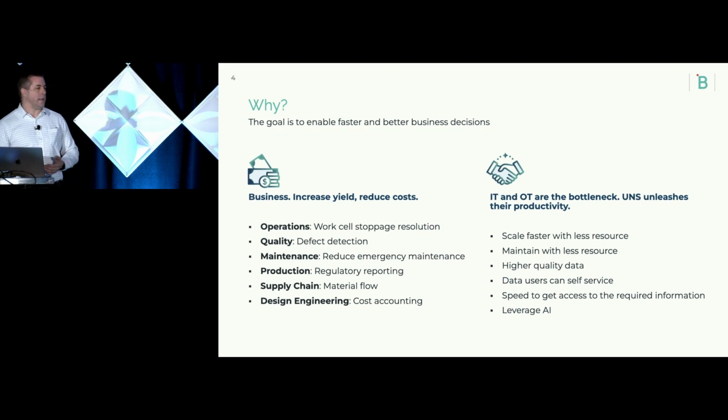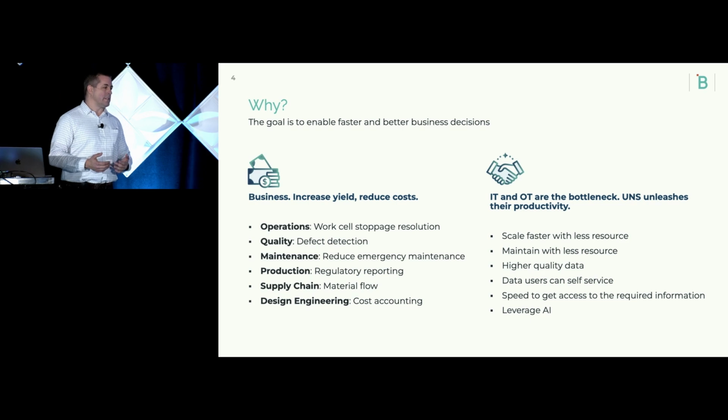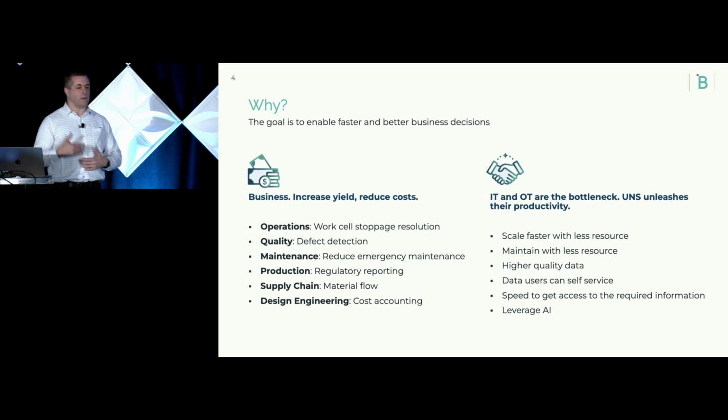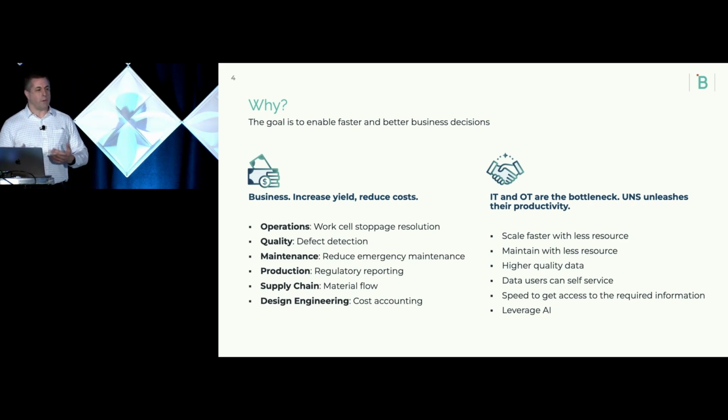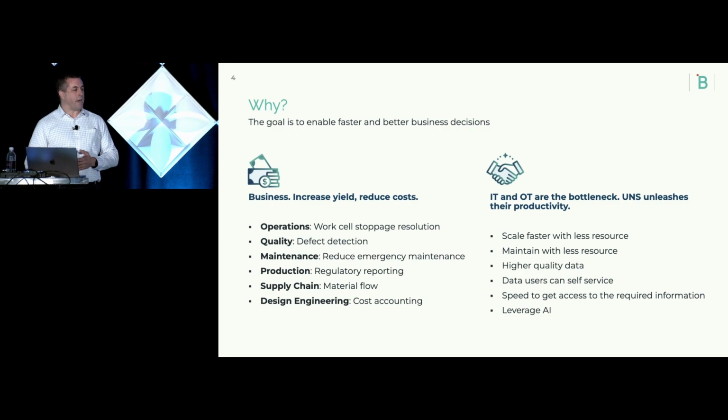And the teams, the OT and IT teams, spend more time maintaining existing connections, existing equipment, existing systems than they are deploying new stuff. So how do we make them faster? And that's really the power of the UNS. Making the OT and IT teams faster so they can deploy projects faster at greater scale is where we see the most value. And not only deploy them, but maintain them over time.